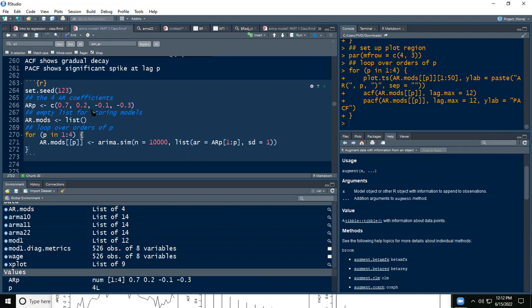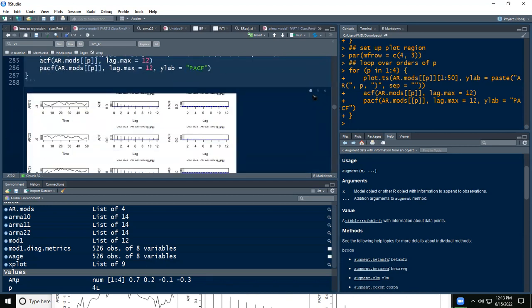ARIMA 3 naman, AR3, 0.7, 0.2, negative 0.1, that's also okay. Lahat sila less than 1, yung sum nila less than 1. Kung 4 naman, itong 4 na to, okay din siya. Individually less than 1, yung sum nila less than 1 din. So pwede tayo mag-generate ng ARIMA simulated model, no? With 10,000 observations. And then, na-generate natin ito.